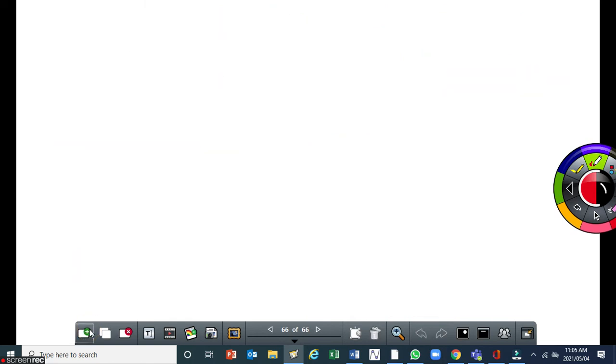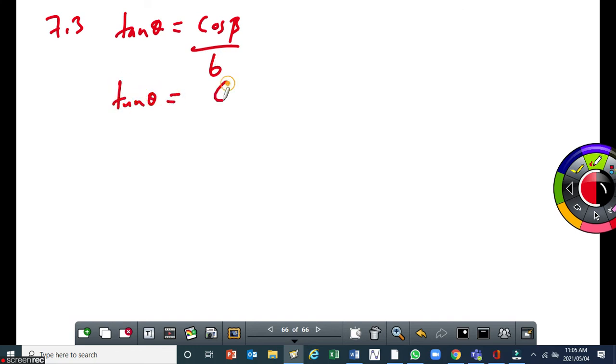So let's do 7.3. We are using tan theta equal to cos beta over 6. And we are told that beta is 40 degrees. So tan theta is going to be equal to cos 40 degrees over 6. Now, I'm not going to convert that cos 40 degrees over 6 to a decimal.